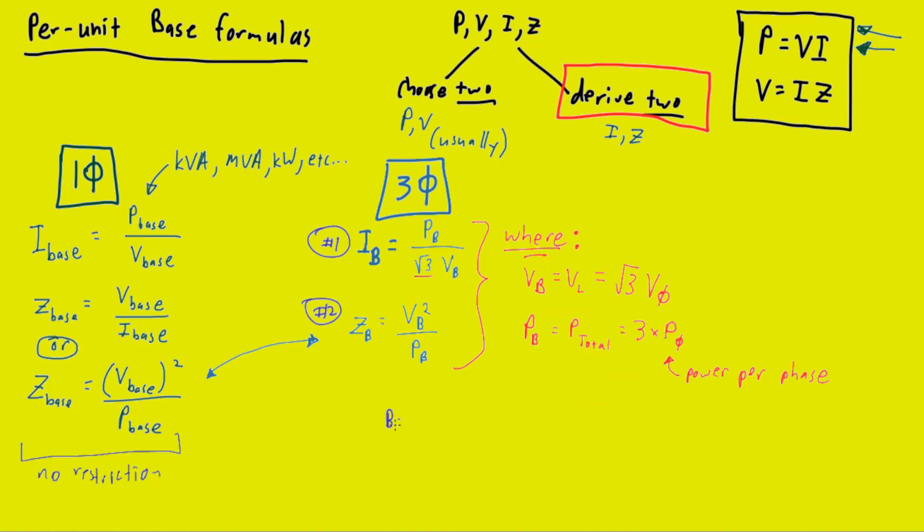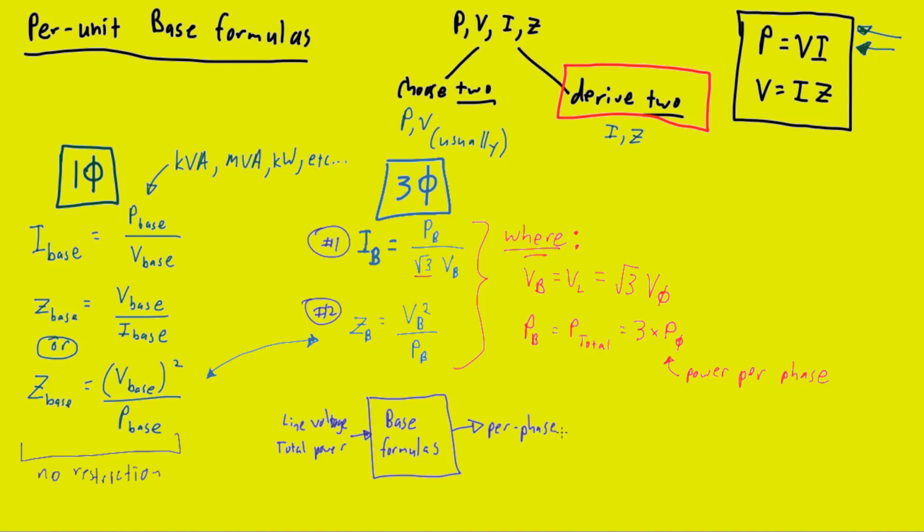If we take just a step back now and look at these two three-phase formulas, we need to realize very simply that we are putting in line and total values. That's how these formulas are doing their work. So we put them into these base formulas, and then what we're getting out are per phase base values. So our actuals are line and total.